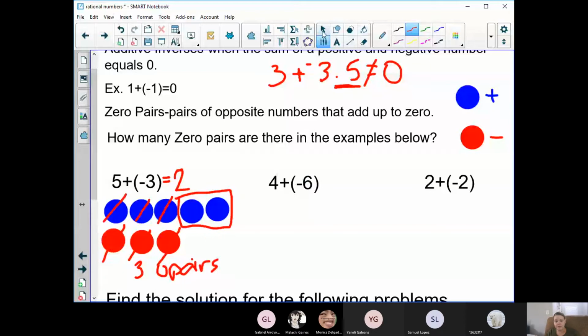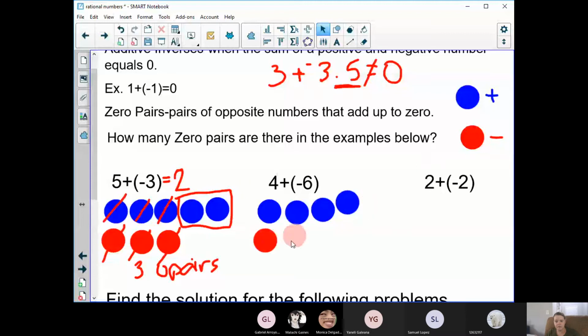All right, let's look at the next one. 4 plus -6. So let me do my +4. And let me do my -6. All right, before I mark through anything, how many zero pairs do I have, or do you think I have?